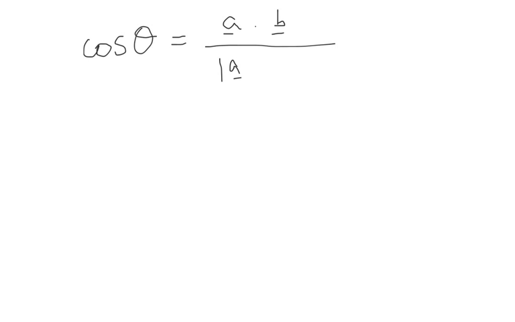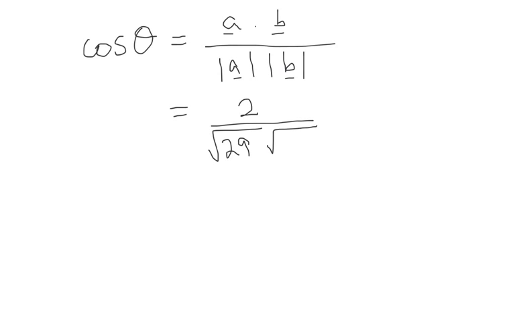Putting it all together in the formula, cos theta is A dot B divided by magnitude A, magnitude B. A dot B we worked out is equal to 2. Magnitude of A is root 29, magnitude B is also root 29. Substitute these values in.